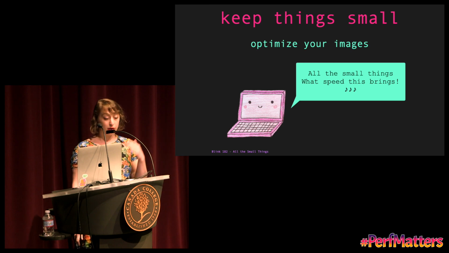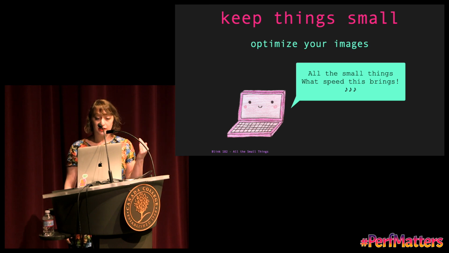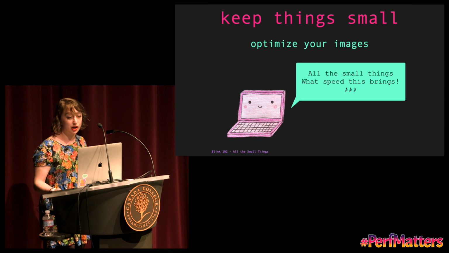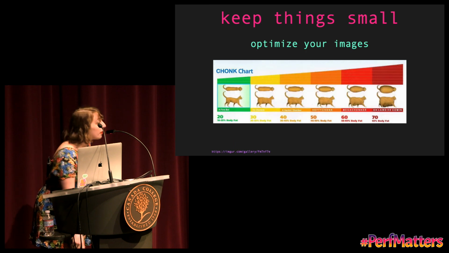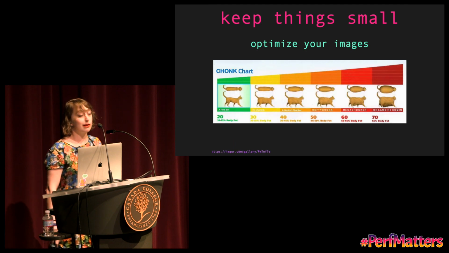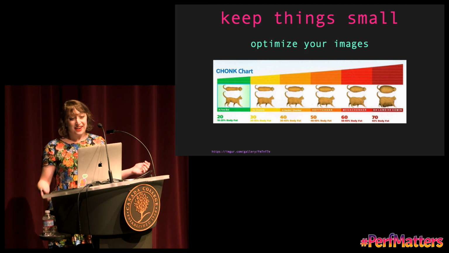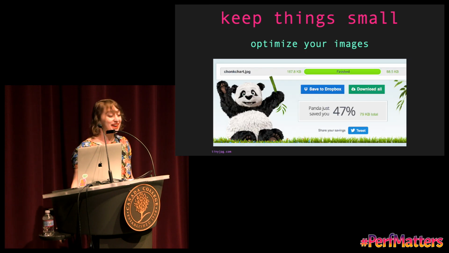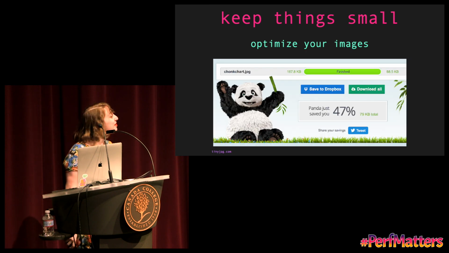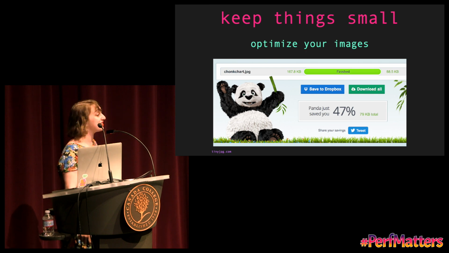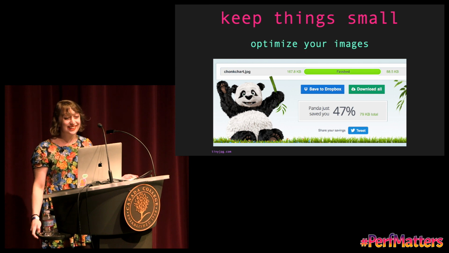You should also gzip your SVGs because, again, also markup. So for instance, say you want to take this here chonk chart from being a mega chonker to a fine boy. We can then pass it through TinyPNG and it becomes a fine boy indeed with 47% savings. Amazing.